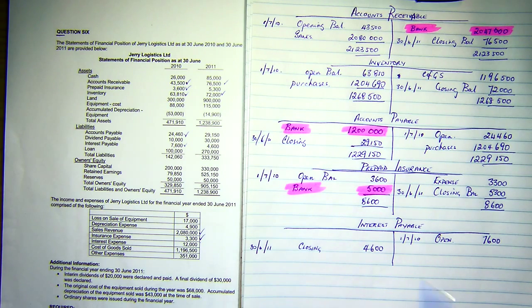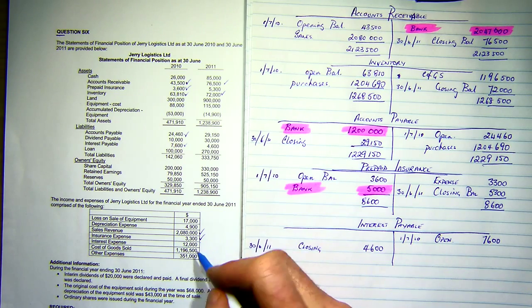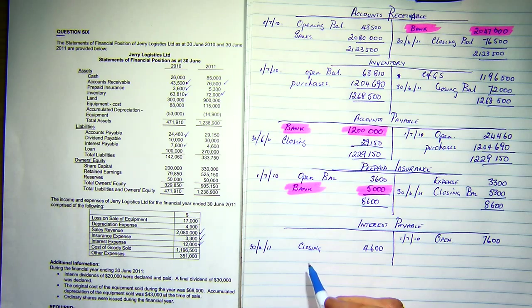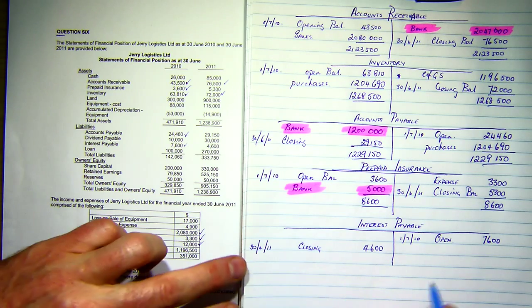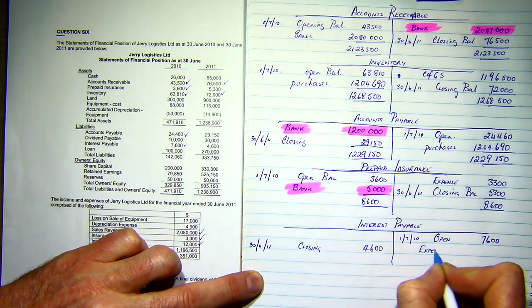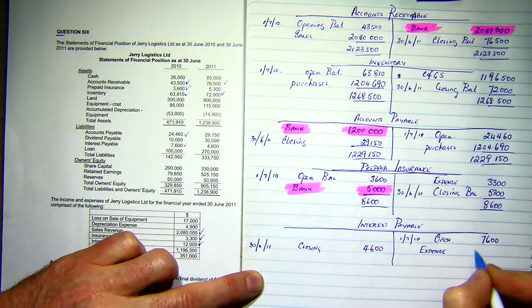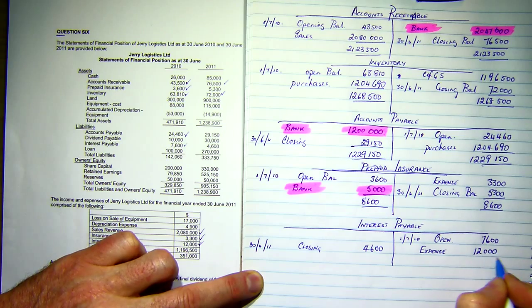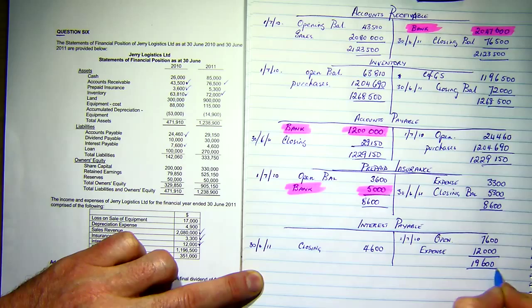So what goes through my interest payable will be my interest expense. So I've got 12,000 here. So my interest expense will obviously increase my amount. So that makes 19,600.